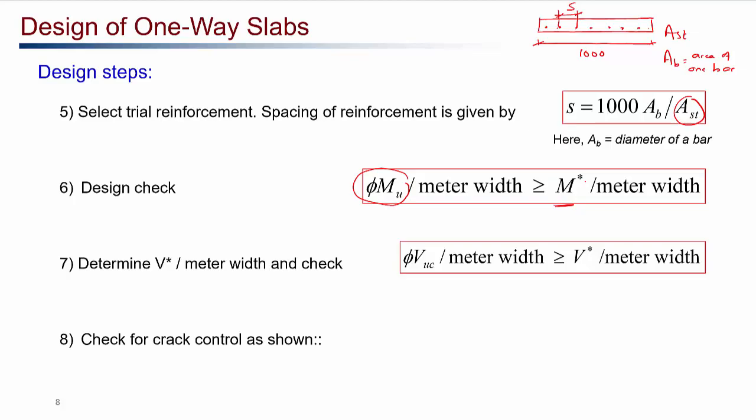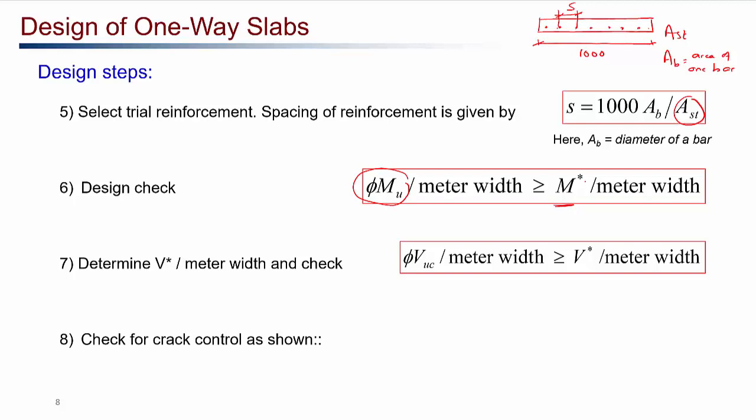So once we do the design check for the moment capacity, we need to check the shear capacity as well. Usually for slabs, we do not need to provide shear reinforcement, but we need to check and make sure that the shear capacity is adequately satisfied.